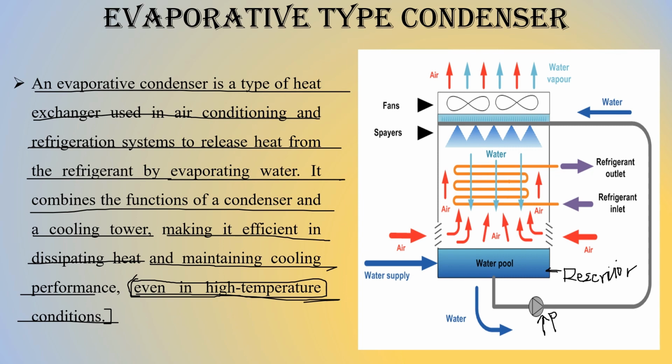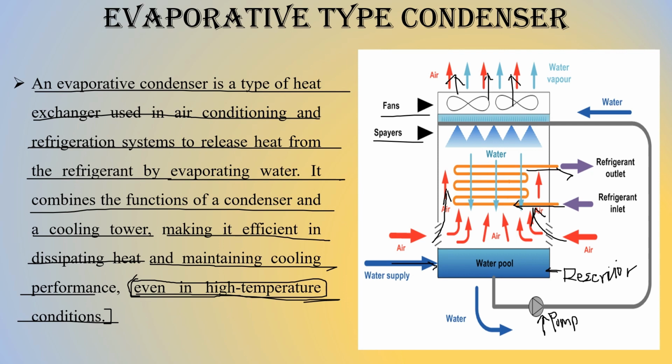Okay, and here is the water supply. These are the sprayers, these are the fans, and this is the refrigerant inlet, and this is the refrigerant outlet, and this is the air inlet. Okay, and this is the air outlet.